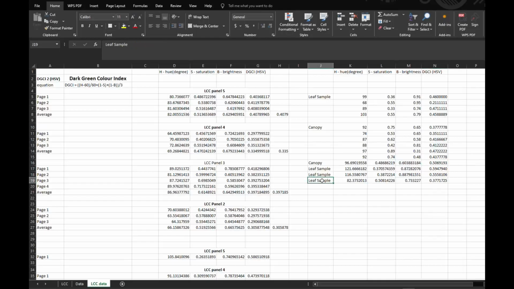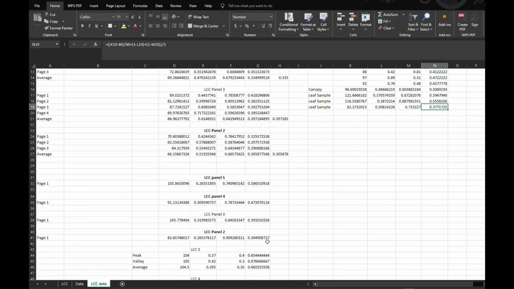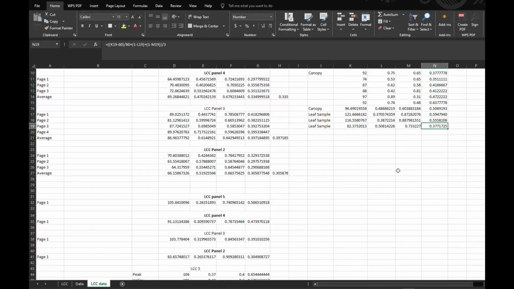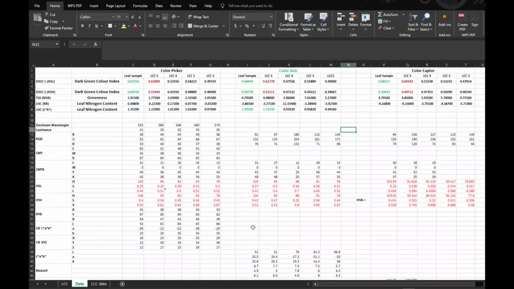This one, the leaf sample, was yellow, and it gave me this value, which, if we were to use this, is between 2 and 3, so it really needs a lot of fertilizer. So yeah, this is how this data gathering will be useful in my approach to making it simple to determine whether to add more fertilizer or everything is okay.